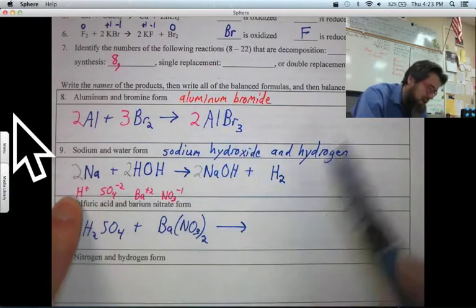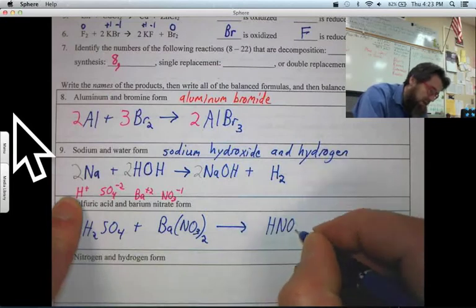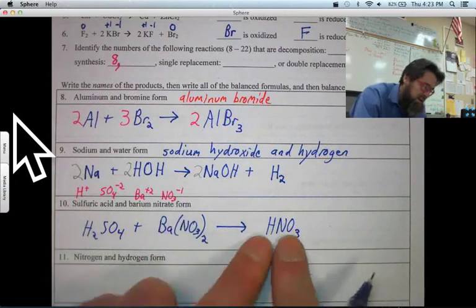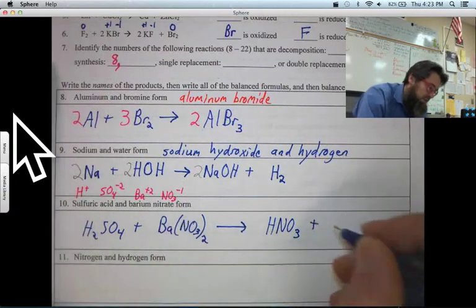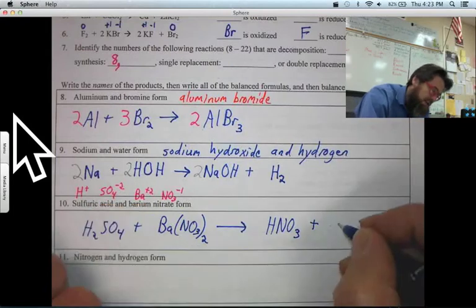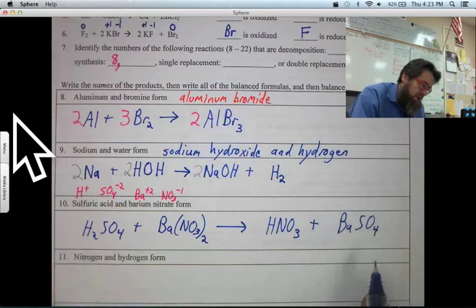So that means HNO3. H+, NO3-. The simplest combination is HNO3 plus. Now the other combination is Ba +2 and SO4 -2. The charge is balanced, so the formula is BaSO4. We also want to complete the English form.